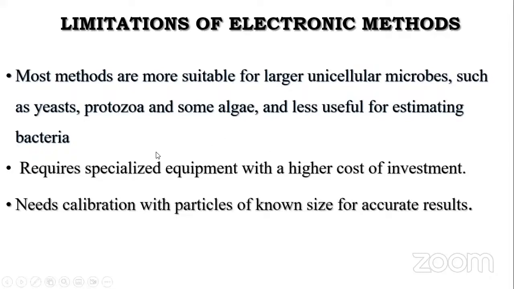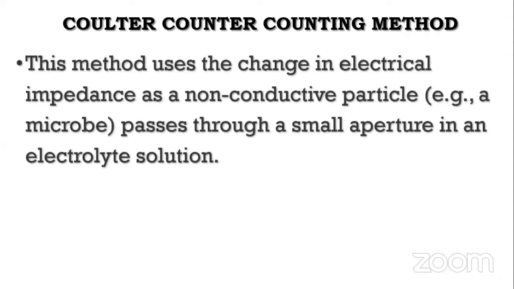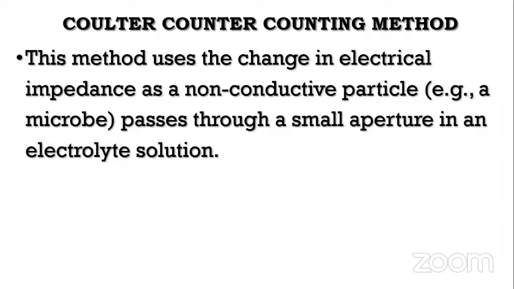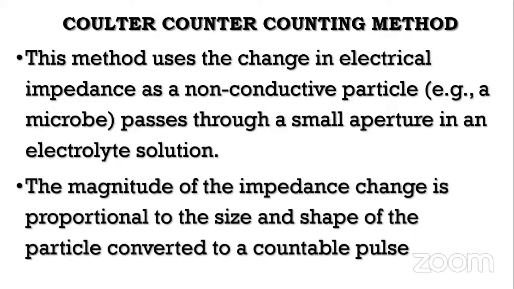So these are limitations of the electronic counting method. We also have another counting method called the Coulter counting method. It is a typical method of counting that uses electric impedance. It uses the principle of the displacement of electricity by microbial cells.